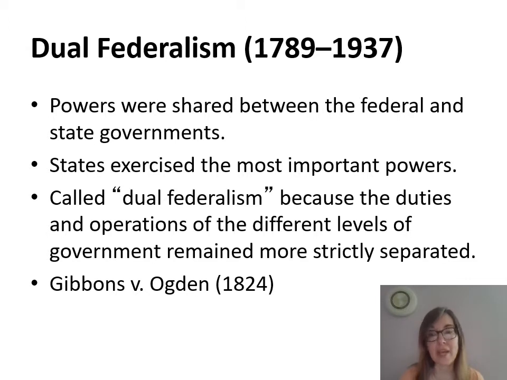So the national government was stronger than it had been under the Articles of Confederation, but at the same time, most of the important powers, the things that really influence the day-to-day life of citizens, those were decided on the state level. So this was called dual federalism. One of the cases that exemplifies this period was Gibbons v. Ogden. We will talk about that in more detail in a minute.